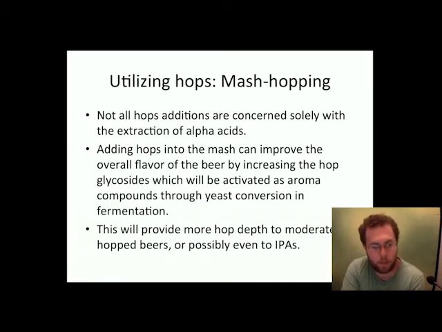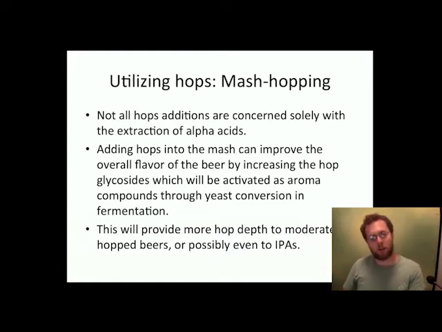So we talked a little bit about it before, but the mash hopping, so not all the hop additions are concerned solely with alpha acids. When you're mash hopping, you're looking more to improve the overall flavor by giving it that kettle hop flavor, which you're going to get from increasing the hop glycosides, which your yeast is going to convert during fermentation.